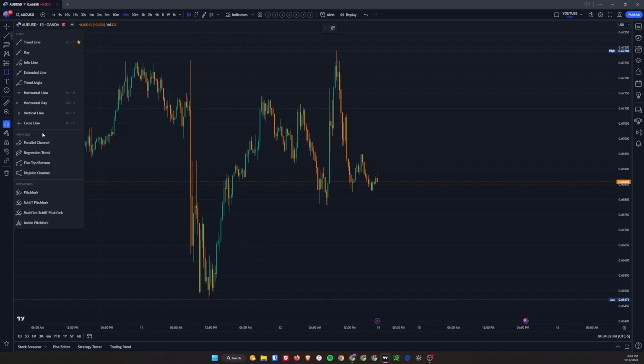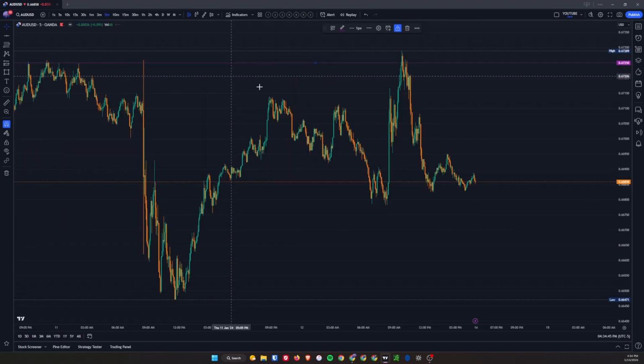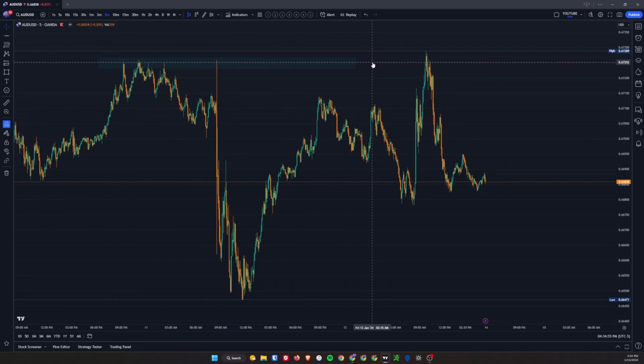If you want, you could use a price level or a line like that to identify support or resistance. I like to use both so I can make it as exact as possible. For example, I'll highlight this zone as a resistance zone, and then I'll also put a key level or a line to identify that price.